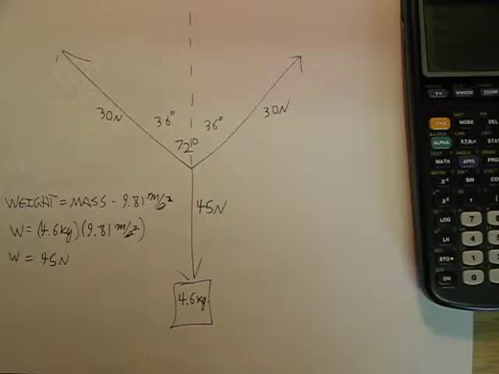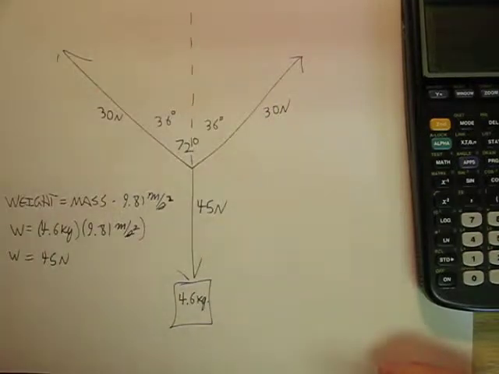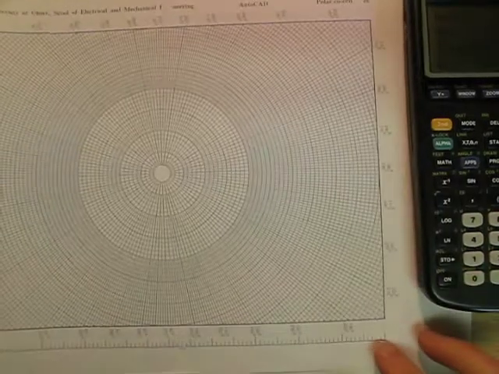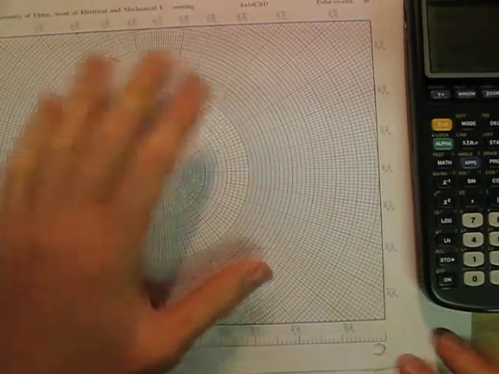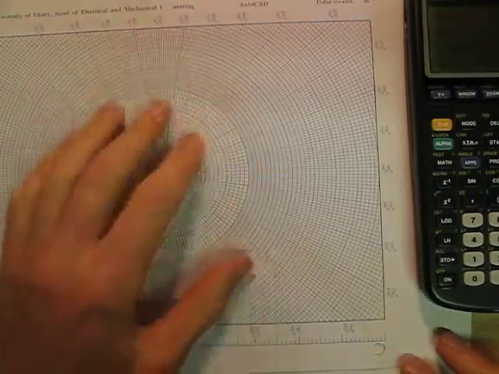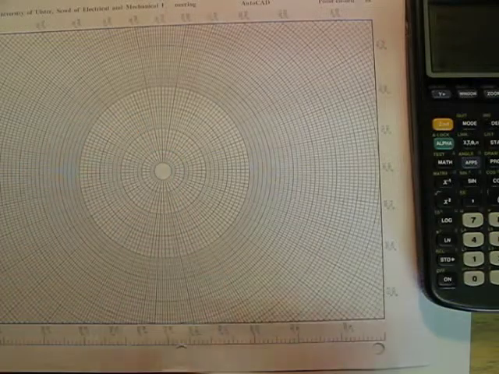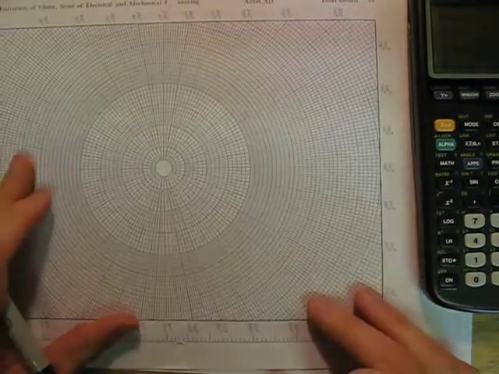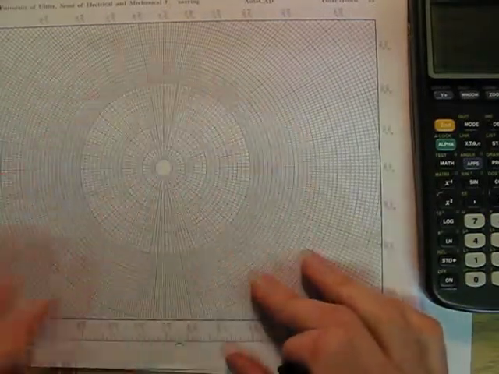I'm going to jump right down to plotting this on paper, and in your lab, you should plot it on this paper, and you should do it for about 4 different angles.